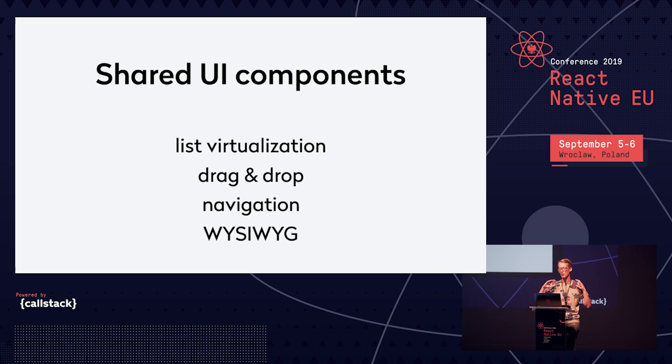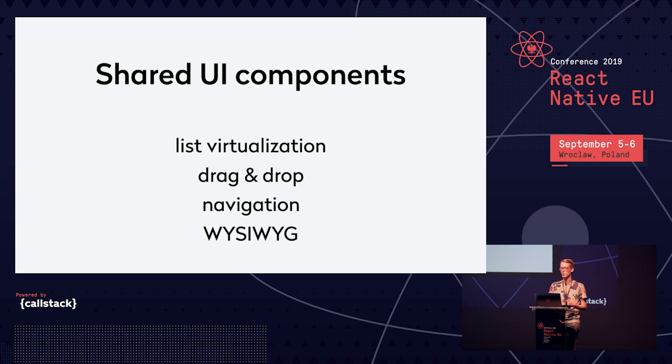And then there's just a lot of UI components that are complex enough that you're not going to want to implement them yourselves, like list virtualization, drag and drop, navigation, rich text editing, which generally don't really have a shared API with implementations for the web and React Native.